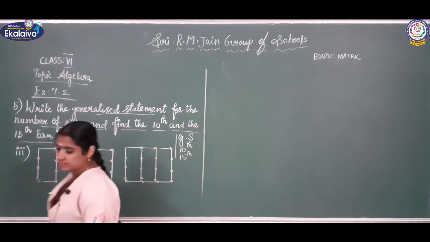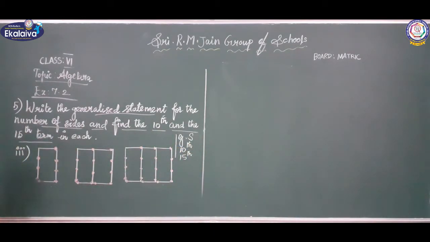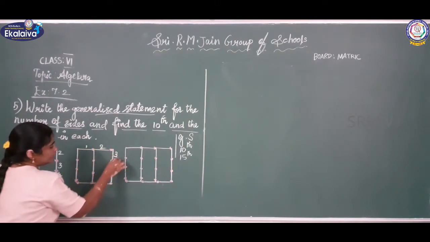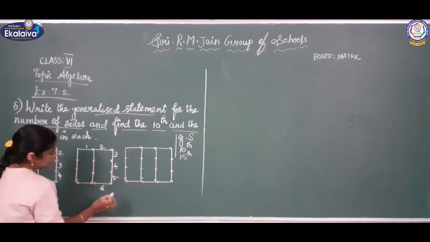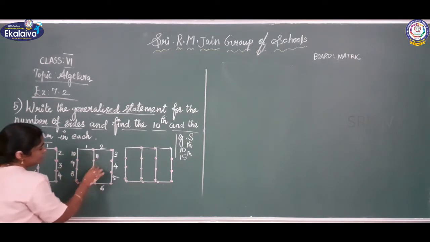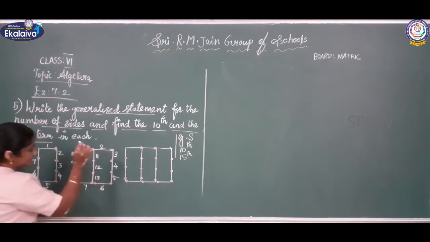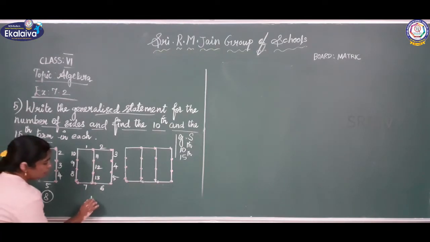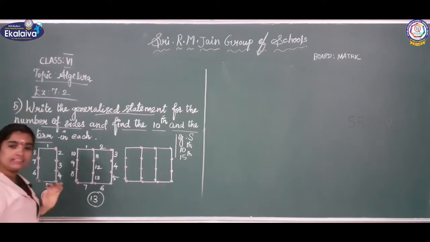Now listen, come here. See this rectangle. How many matchsticks are there here? Listen. 1, 2, 3, 4, 5, 6, 7, 8. So the number of matchsticks here is 8. Now 1, 2, 3, 4, 5, 6, 7, 8, 9, 10, 11, 12 and 13. Is it clear? So the number of matchsticks here is 13.